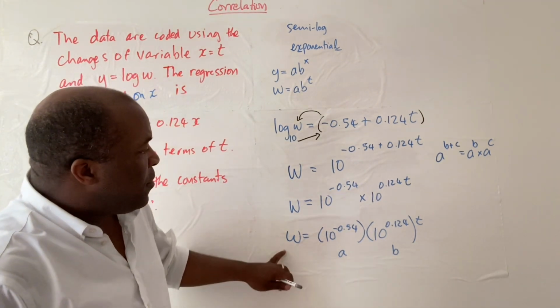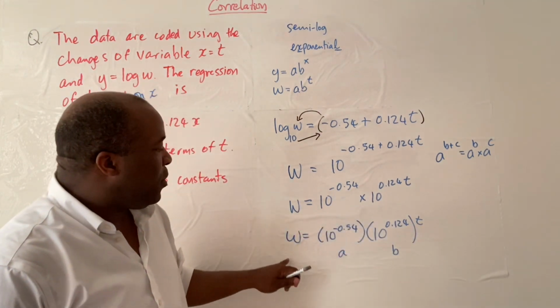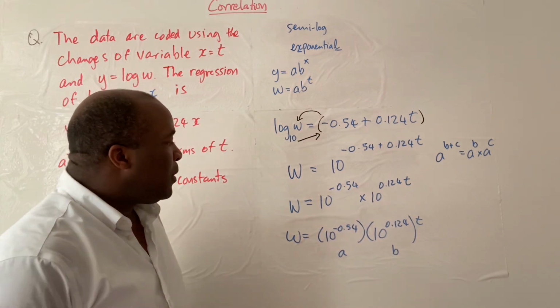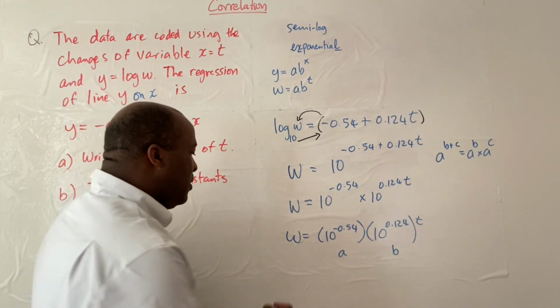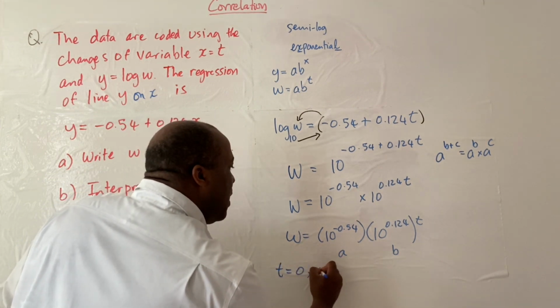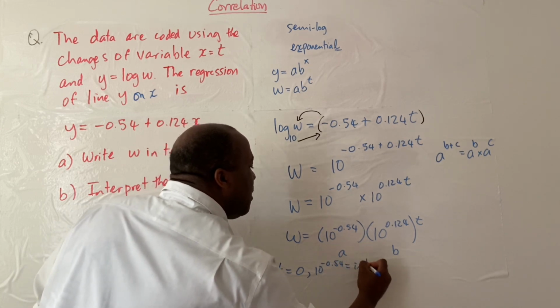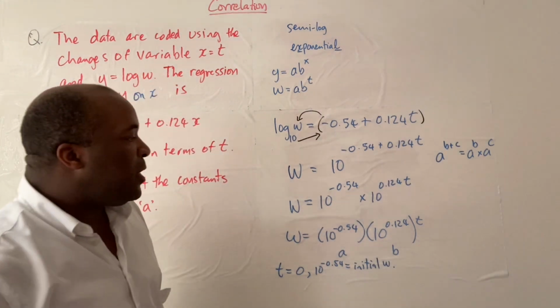So here, when t is equal to 0, w is equal to a. So a represents the initial value of w. So when t equals 0, 10 to the minus 0.54 equals initial w. That would be like the initial population.